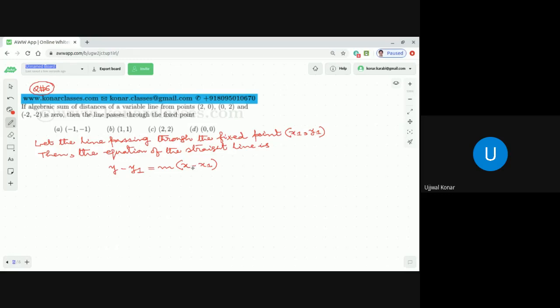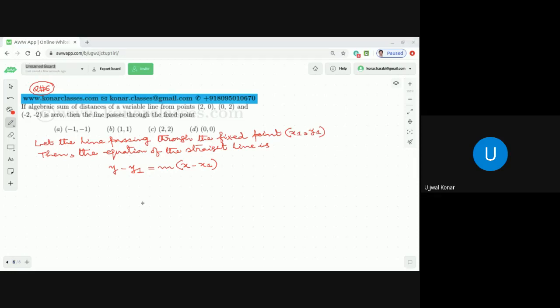Now, the point is that if you go through the question, the algebraic sum of distances of this line y minus y1 equal to m into (x minus x1) from these 3 points (2, 0), (0, 2) and (-2, -2) is 0.